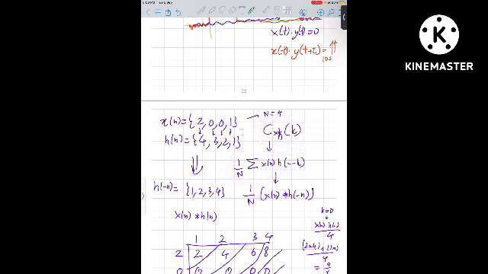Now we perform x[n] convolved with h[minus n]. 2, 0, 0, 1, and 1, 2, 3, 4. The rows are 2, 4, 6, 8; then 0, 0, 0, 0, all zeros; then 1, 2, 3, 4.